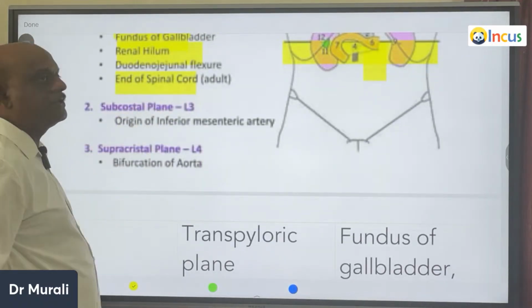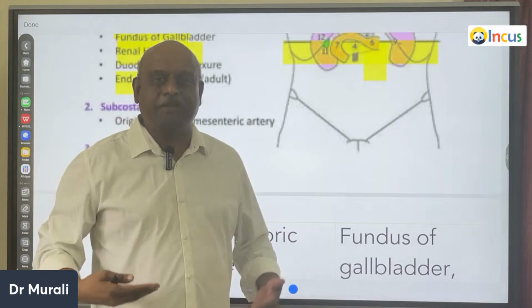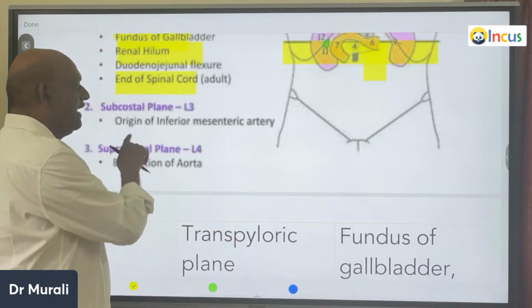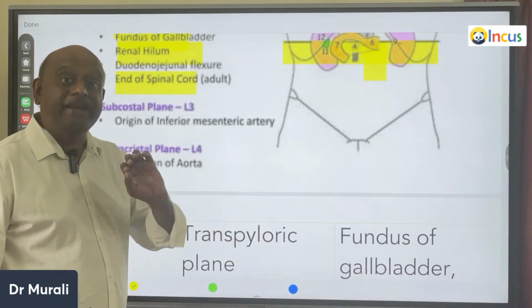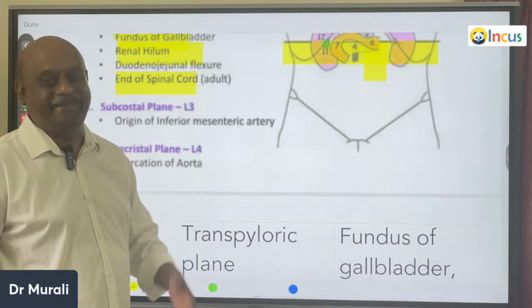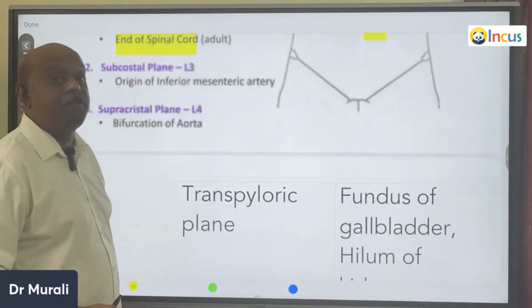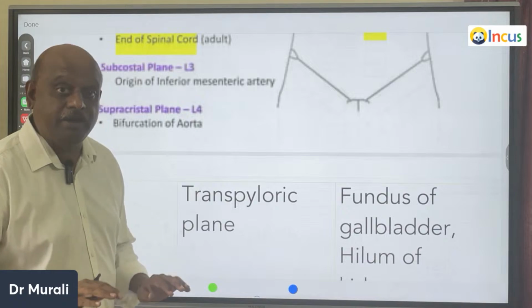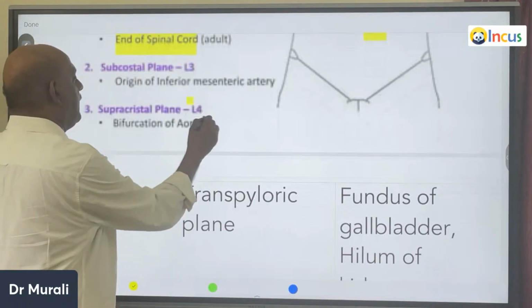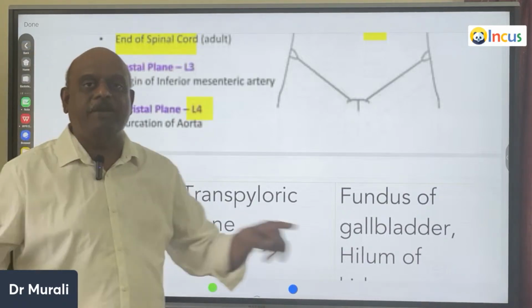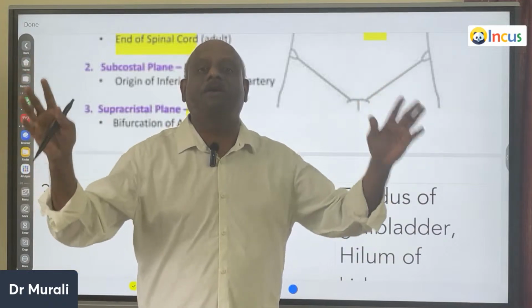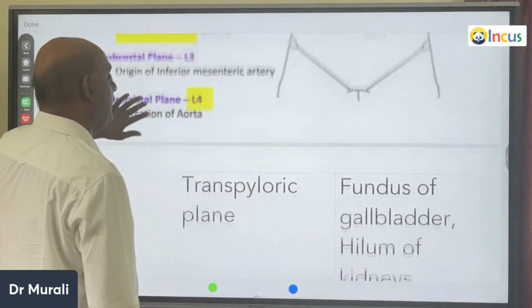Then what is the subcostal plane? The subcostal plane is at the level of L3, and it is the origin for the inferior mesenteric artery, is what you need to remember. Then the supracristal plane. It is at the L4 level, and that is the point where there is a bifurcation of the aorta.